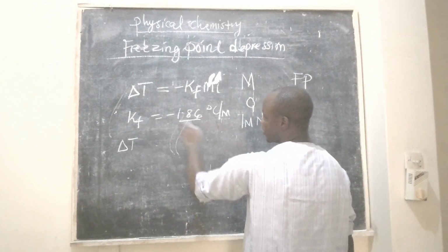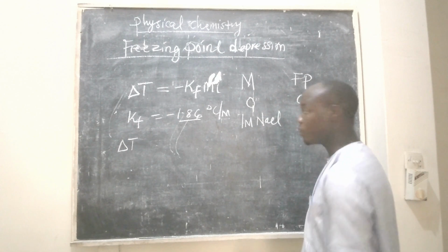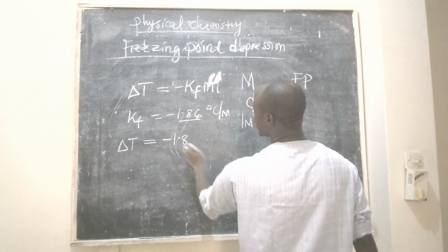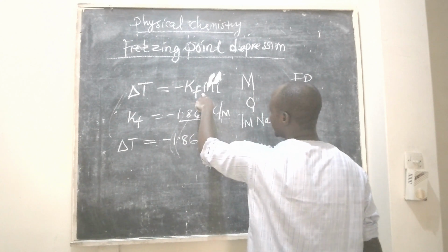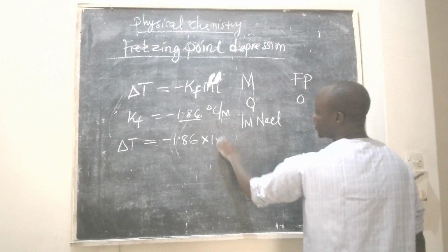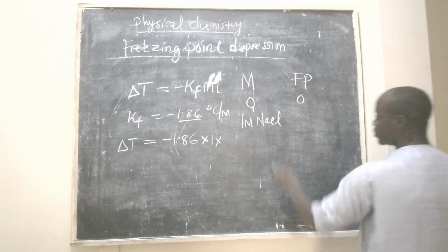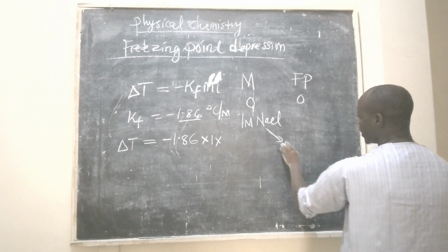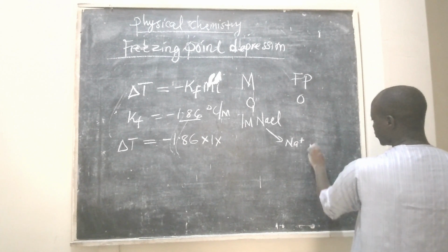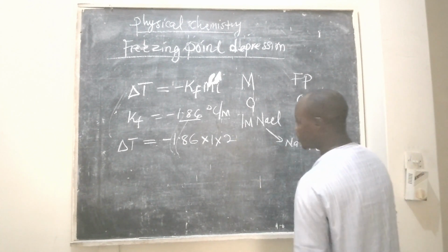Since you know that the Kf of water is 1.86 degrees centigrade per molal, I'm going to say minus 1.86 from the formula, and of course the molality is 1, then times i. What is our i? Sodium chloride will break down to produce two ions, sodium ion and chloride ion. So here we have two.